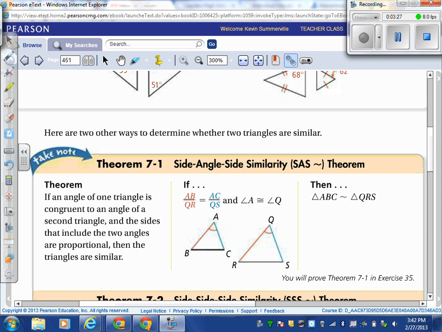Let's take a look at theorem 7-1 and see what that is telling us.